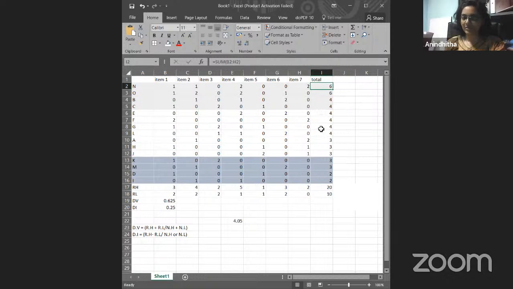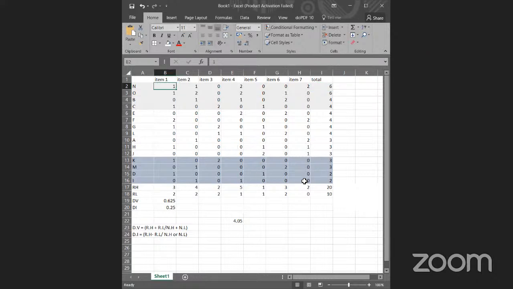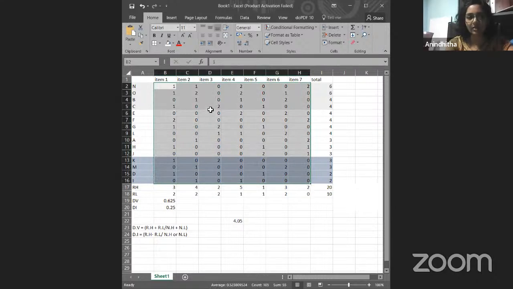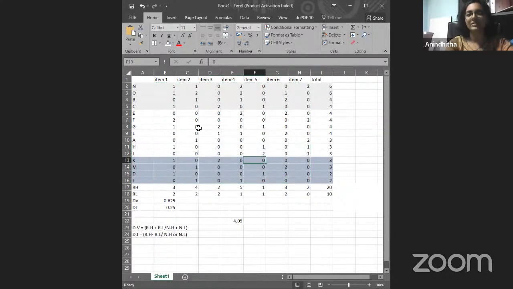Apart from this, it will not be involved in any part of the calculation. We're only going to consider the item scores across all 7 items and all our samples, with 0 being the wrong answer and any rating of 1, 2, or 3 being the right answer.